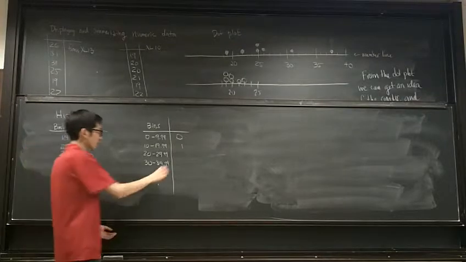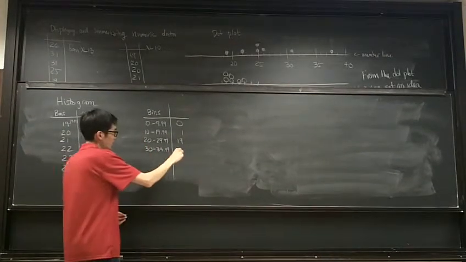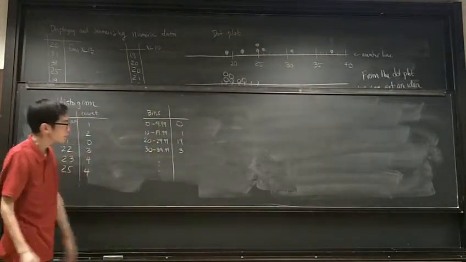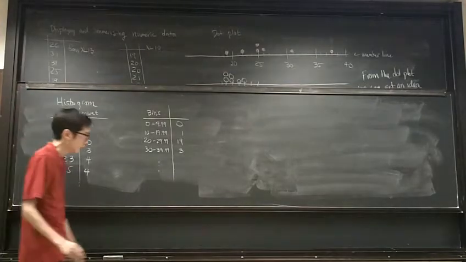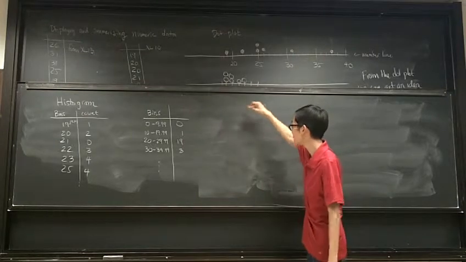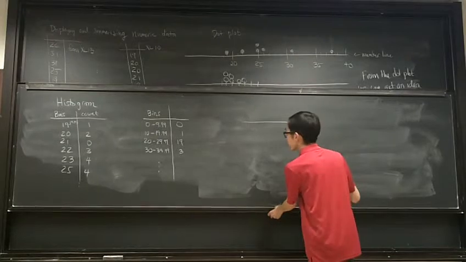So maybe we've got 19 people in this bin, and maybe we've got 3 people. Whatever. Okay, so we can create something like this. So this is the histogram that corresponds to our first bin setup.